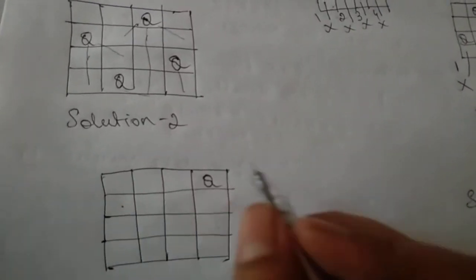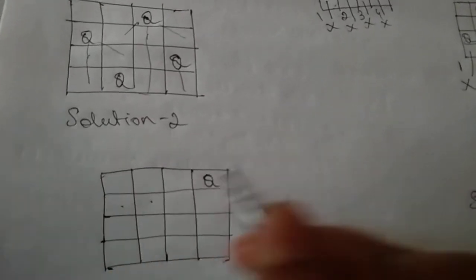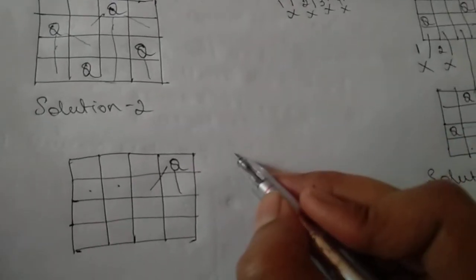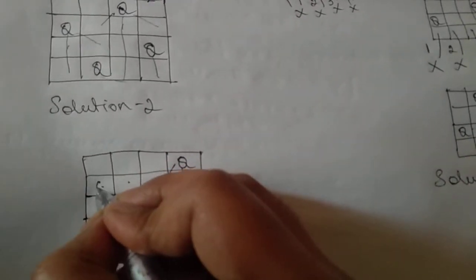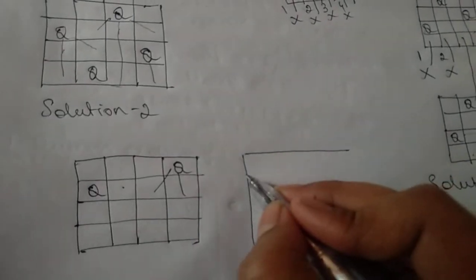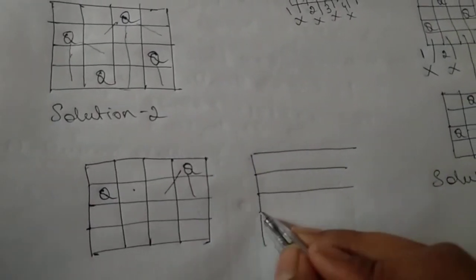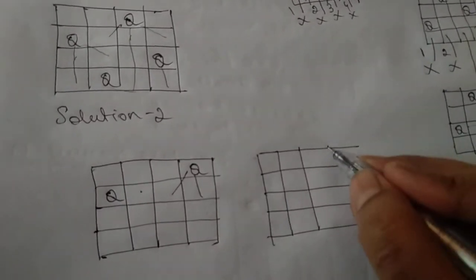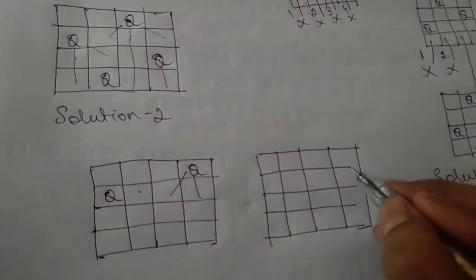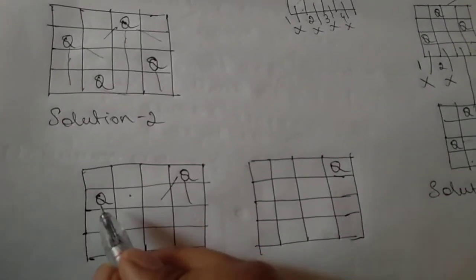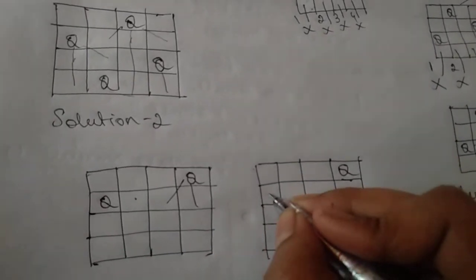One possibility is this, and one possibility is this. This is not possible and this is not possible. I'll just write both the possibilities. Here I'll take this one. See, if I place Q over here, we have two solutions. Either here I can place or here I can place.